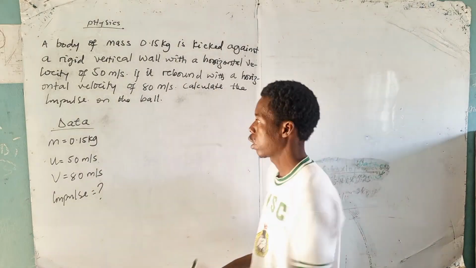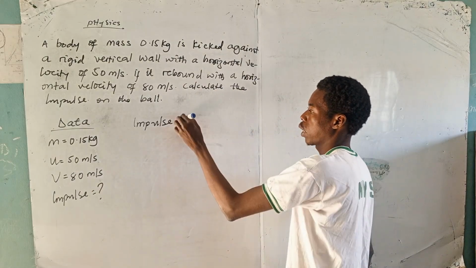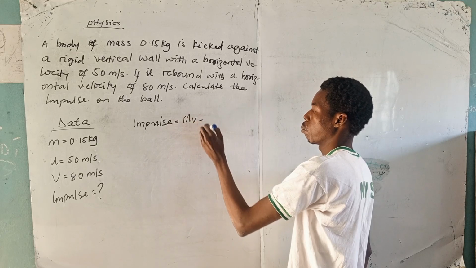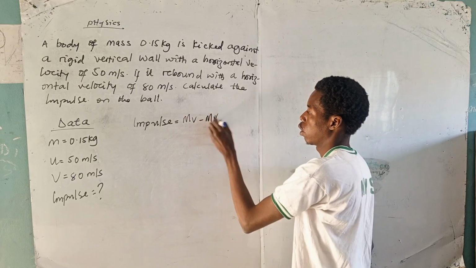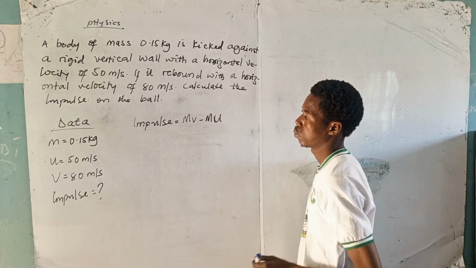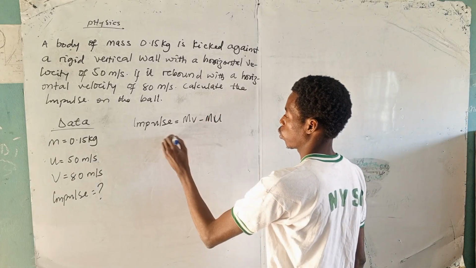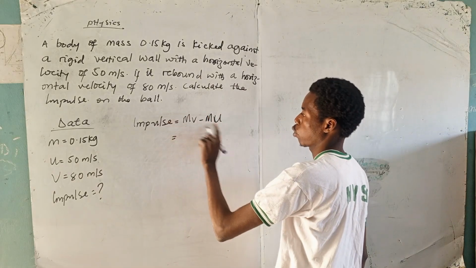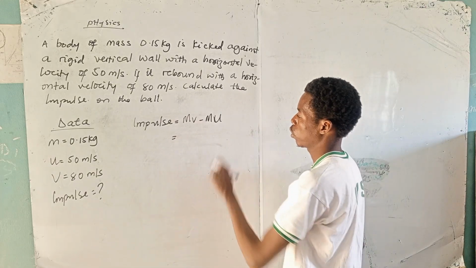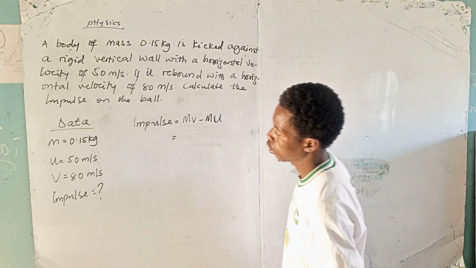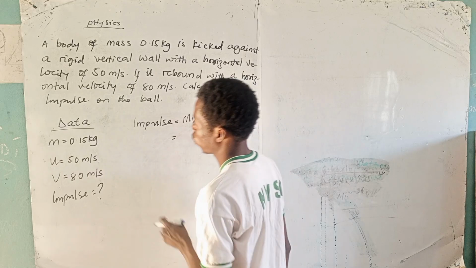So remember, impulse is the change in momentum, that is final momentum minus initial momentum. So impulse equals mv minus mu, where m is the mass, v is the final velocity, and u is the initial velocity. So let's substitute.